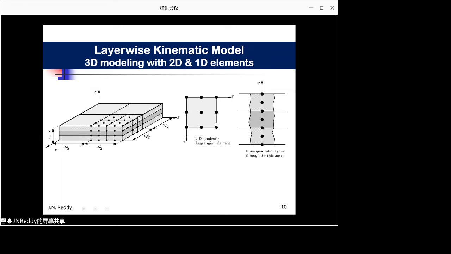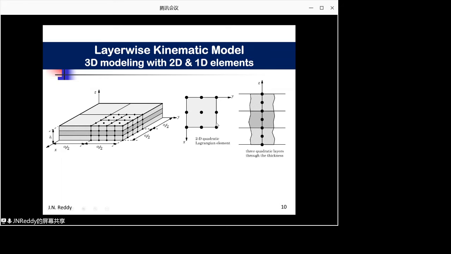That would be a lot more in error than third order theory or layer-wise theories. So you get the idea that layer-wise theory is much more accurate, but it is computationally more expensive than single layer theories, but it is still cheaper than three-dimensional elasticity.